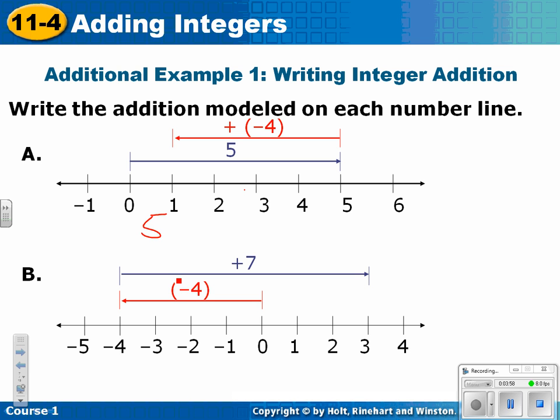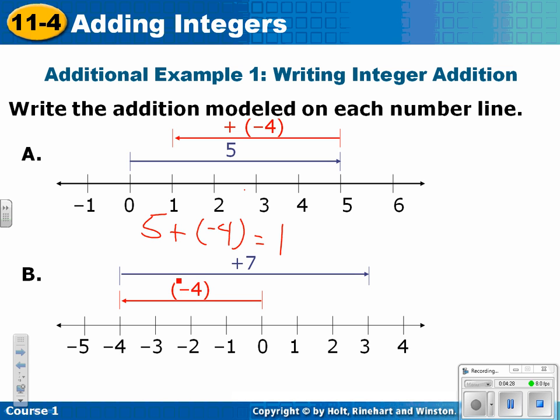You see that? Now, once we've gotten to 5, we need to decide, did we go back to the left or did we go to the right? We are always doing addition in this first part. Well, for this one, we went to the left, so we must be adding a negative. 5 plus negative 4 equals, where did we end up? 1.